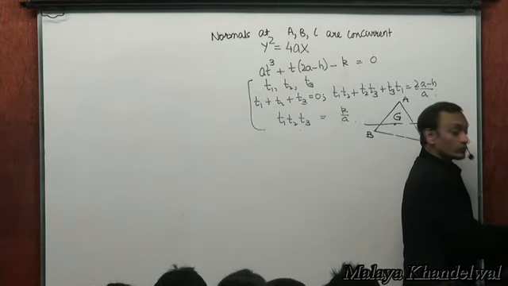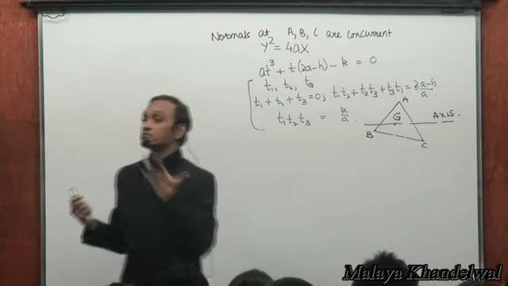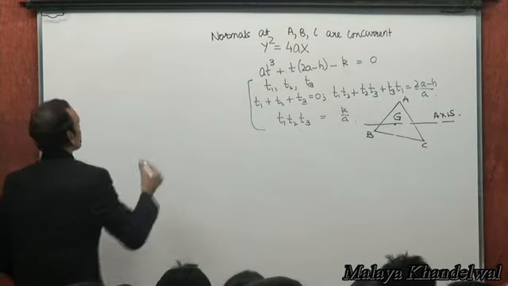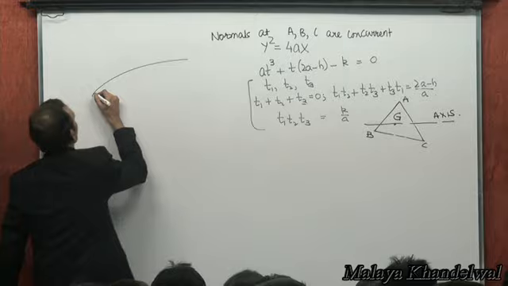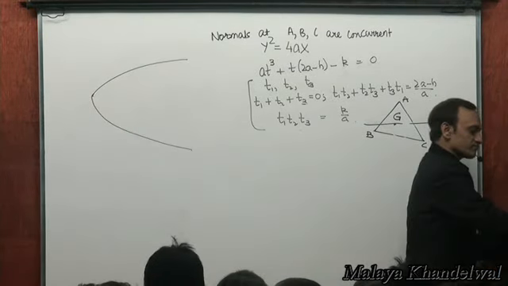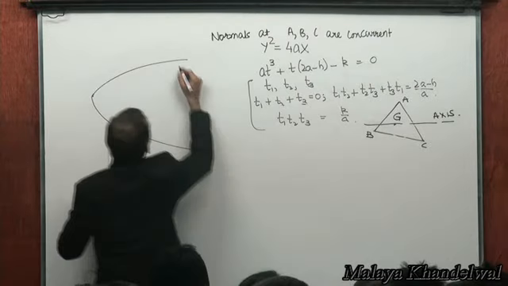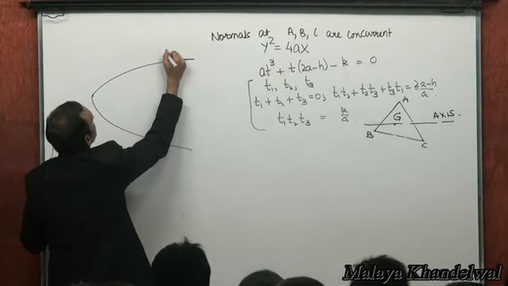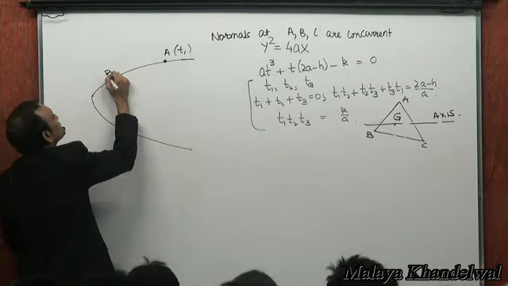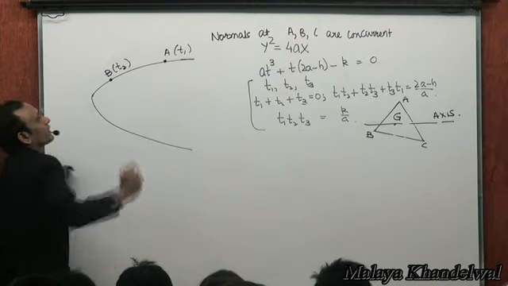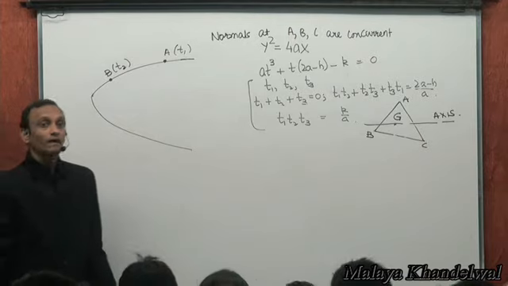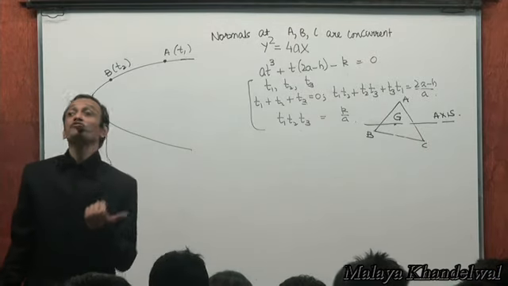Now, suppose we have 2 points on the parabola. A which is T1, B which is T2, right? And say they have the following property.